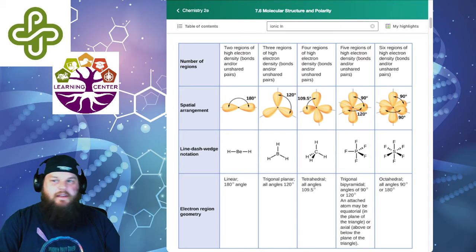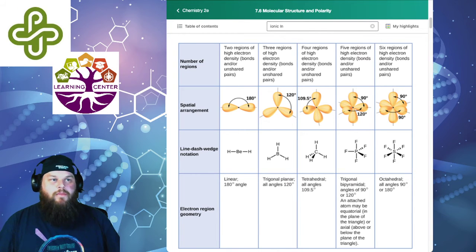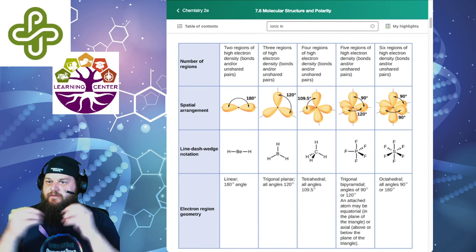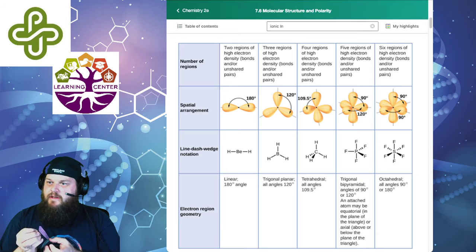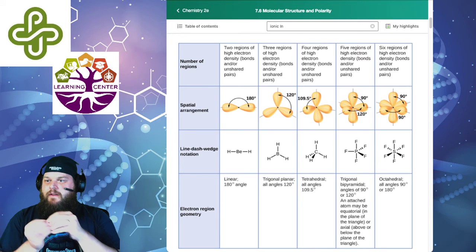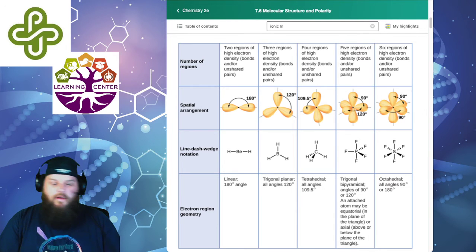In the first column, they have 180 degrees if there's just 2 different distributions of electron density. If there's 3, they're all 120 degrees from each other. If there's 4, they spread out into a tetrahedral shape, and you can see that listed.